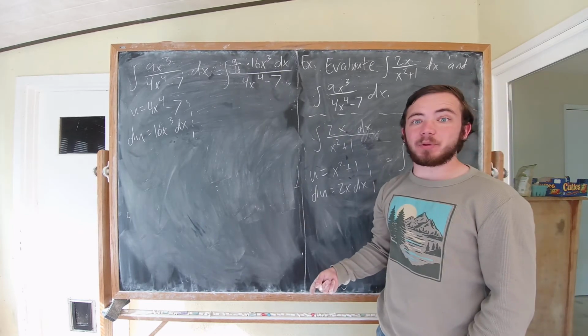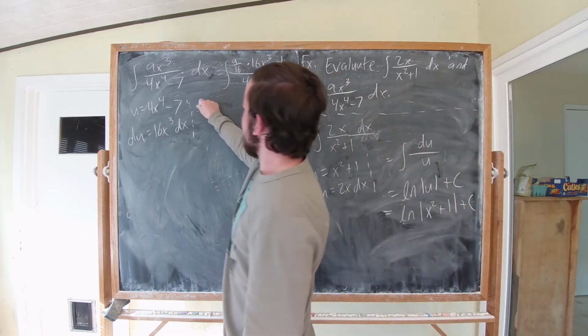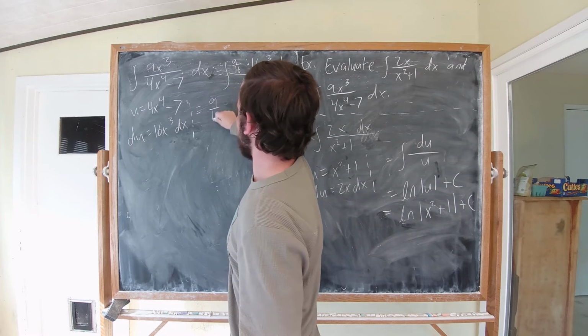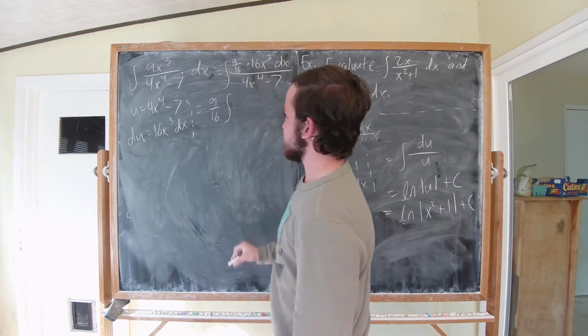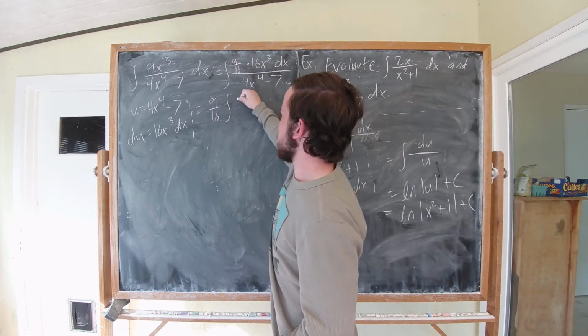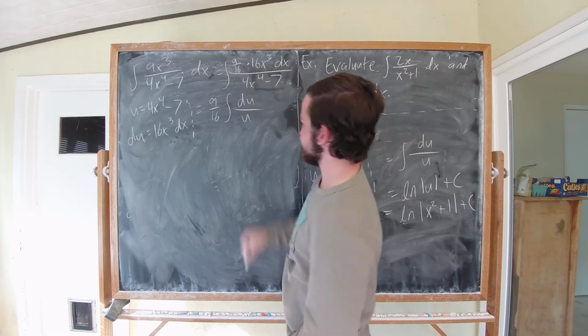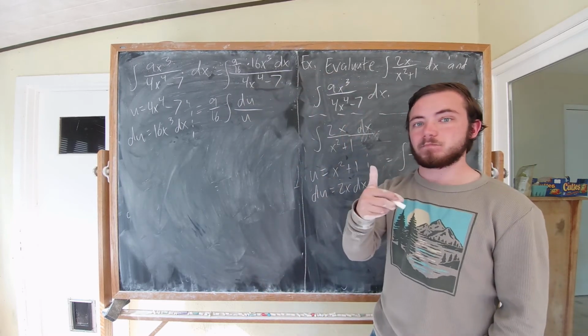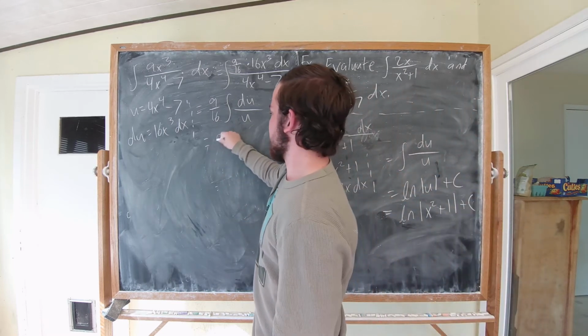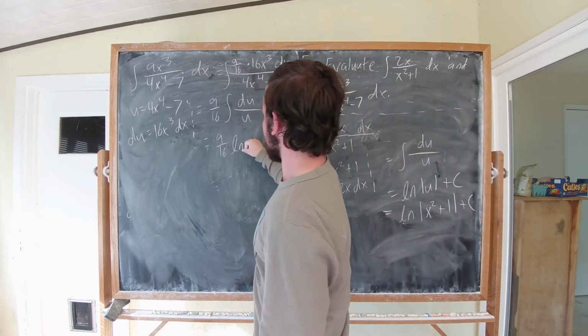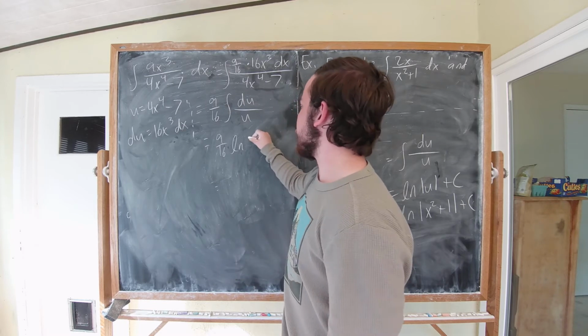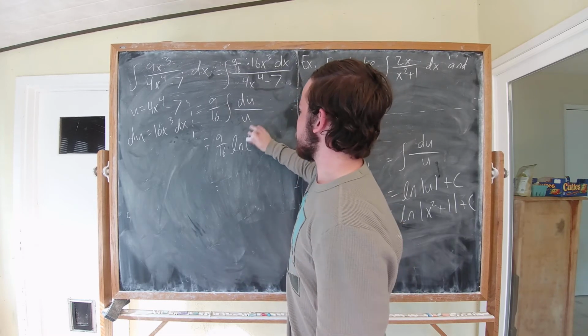And that's precisely the form we need in order to integrate it. This will be 9/16 pulling that scalar out times the integral of du divided by u. Sick. That's exactly what we want. This is 9/16 times the natural log of u.